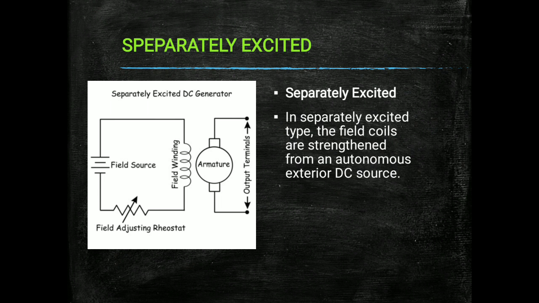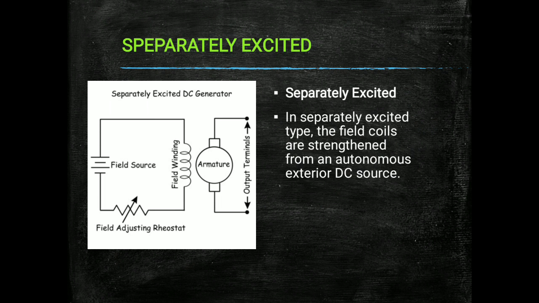So here is a circuit diagram of a separately excited DC generator. There is a field winding which is connected with a DC supply or DC field source, and between these two there is a field adjusting rheostat, or a variable resistance, which is used to control the flow of current from the DC source to the field winding.